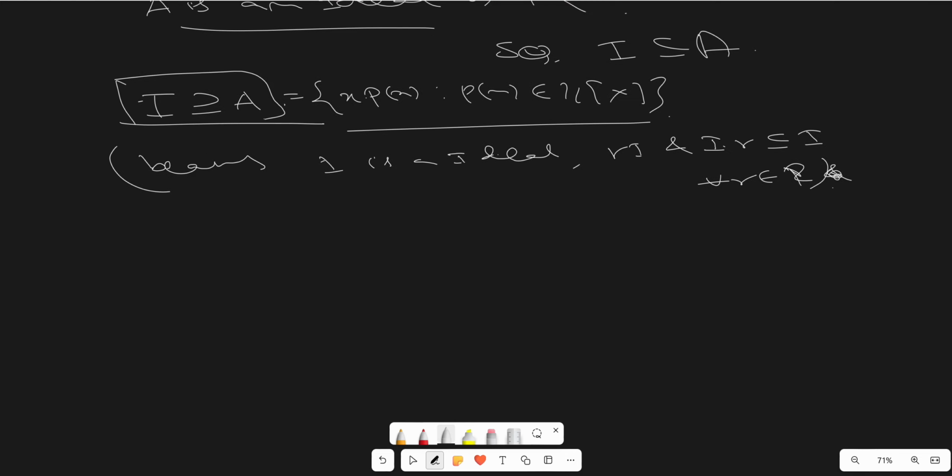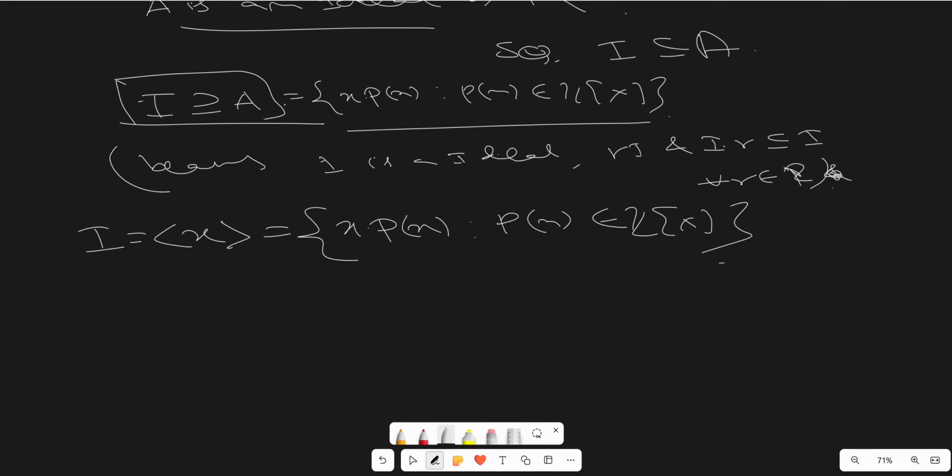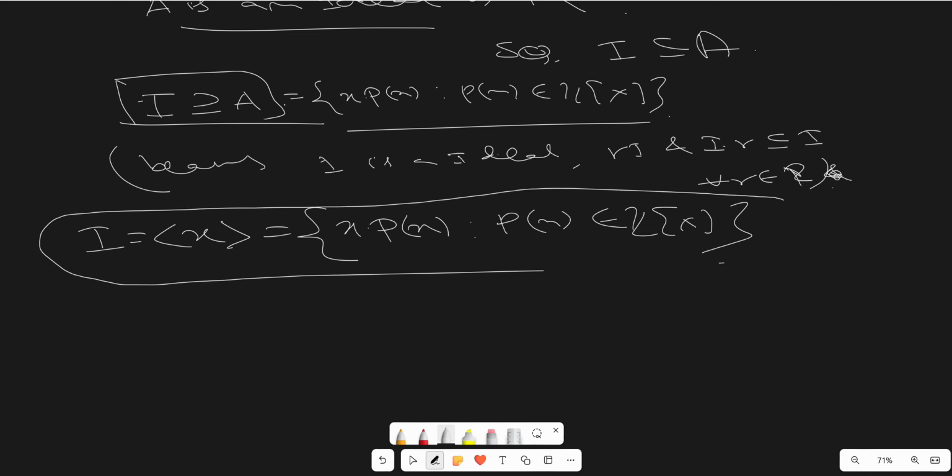Now you can show that I, the ideal generated by x, and the ideal x·p(x), p(x) inside Z[x], are equal. Am I clear with you? So this ideal is nothing but this ideal.